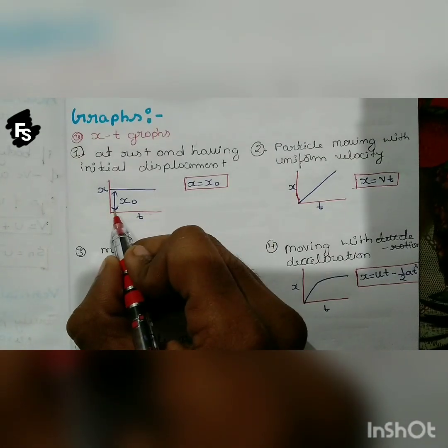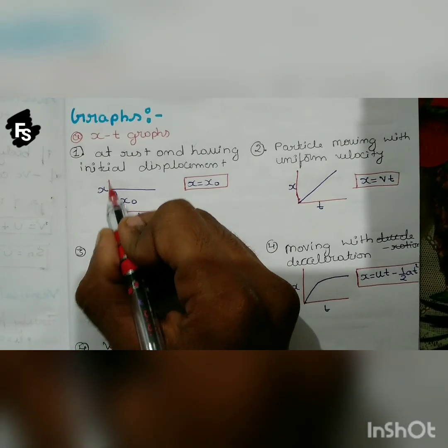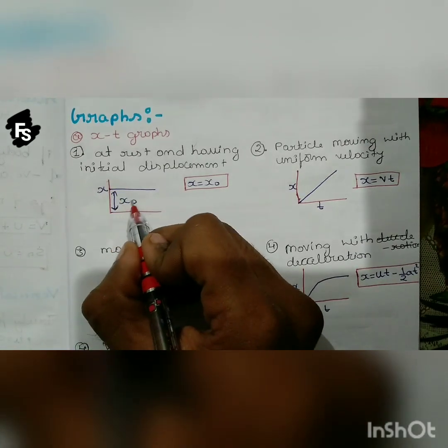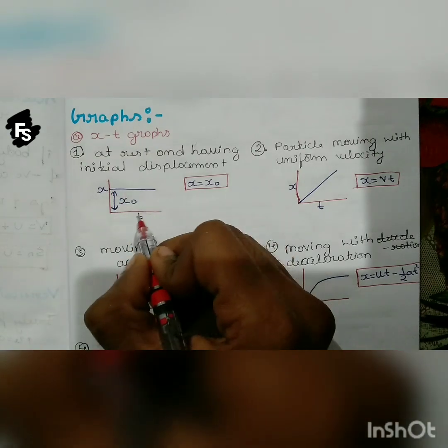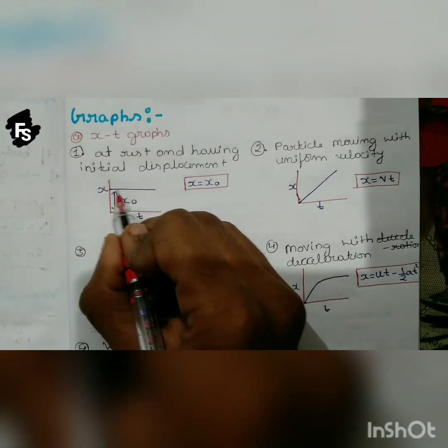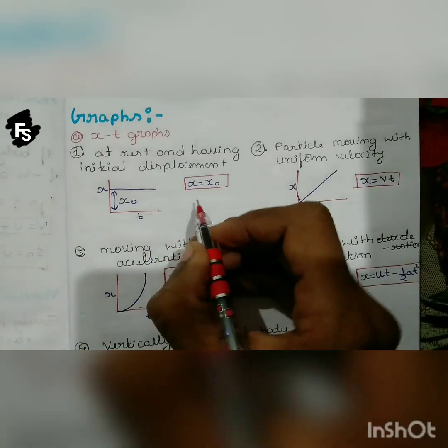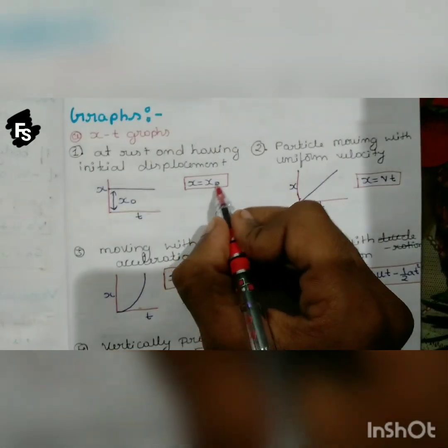The body is at rest, it does not have any change in displacement, but it has initial displacement x naught while the time is going on. So this graph comes as a straight line parallel to the x-axis. The equation can be said as x equals x naught.